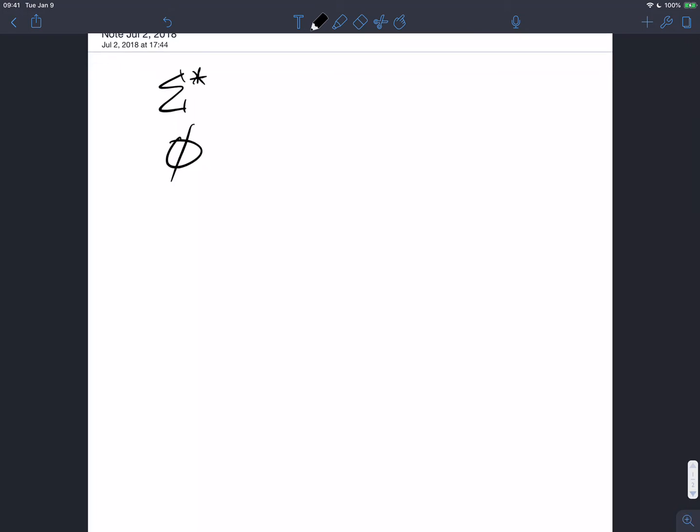There are going to be quite a few decidable languages that you can think of. For example, how about this one? The set of all binary strings W where W contains a 0. There's a 0 somewhere in the input that you're given. Is that decidable?